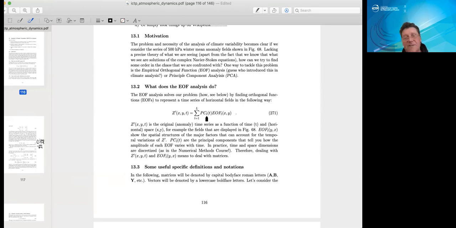Now the hope of Lorenz was, maybe if I'm very lucky, there is just one. What happens if there's just one pattern? It's always the same pattern that I multiply with the time series. It can switch sign, can become zero, can become large, but it's always the same pattern that I see there.